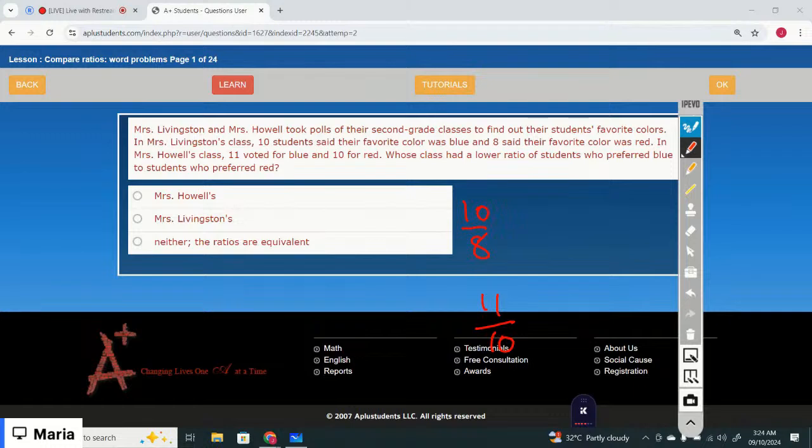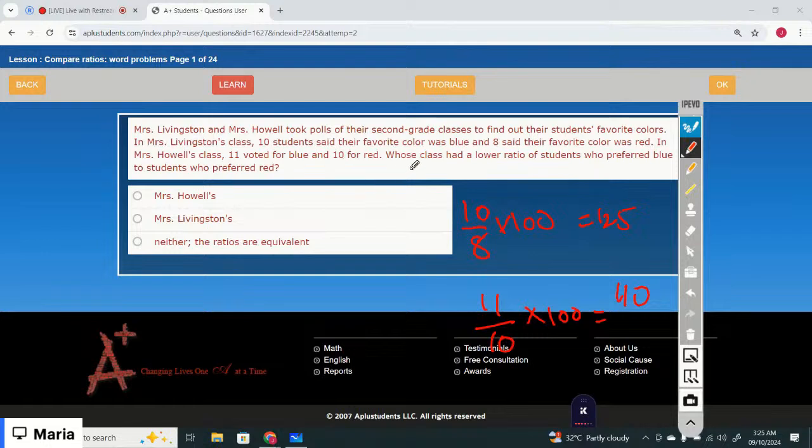So you need to calculate the percentage, right? 10 divided by 8 times 100 you have to do, right? And you have to do 11 divided by 10 times 100. So 10 divided by 8 times 100 is 125, and 11 divided by 10 times 100 is 110.